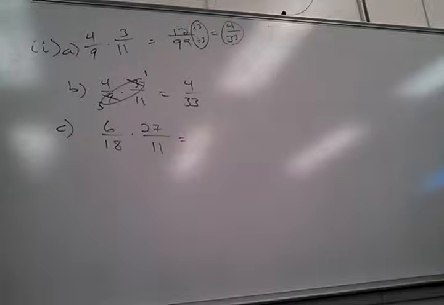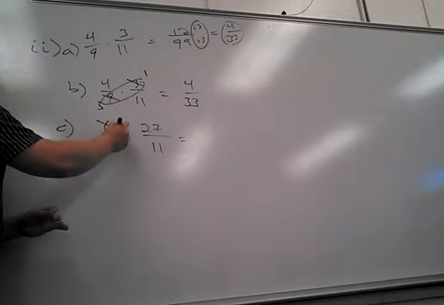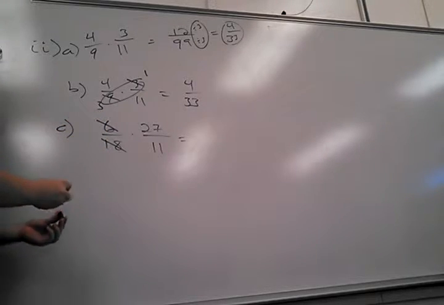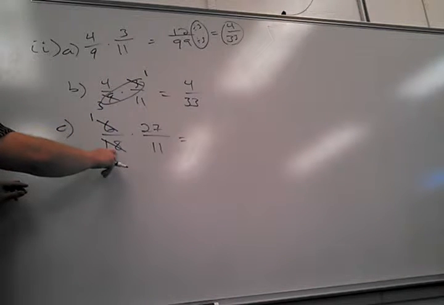So what can I cancel there? 6 with 18. Yes, 6 goes into 6 once. 6 goes into 18 3 times. And don't forget, what I'm really doing there is I'm saying 6 is 6 times 1. 18 is 6 times 3. The 6s go away, I get 1 over 3. That's all I'm doing.